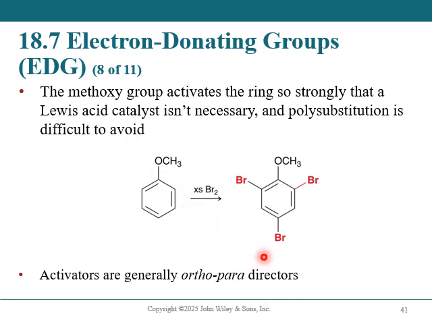The other important term is directors. So ortho-para directors, ortho position, para position, and then you're going to see meta directors. So you're looking at two different phenomena, and we're consolidating them into one set of predictors. The activators, that's a kinetic factor, and the directors, which is more of a regioselective type of rubric or idea.